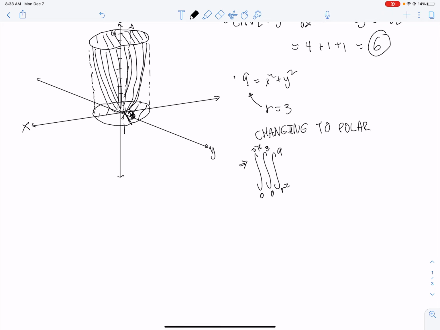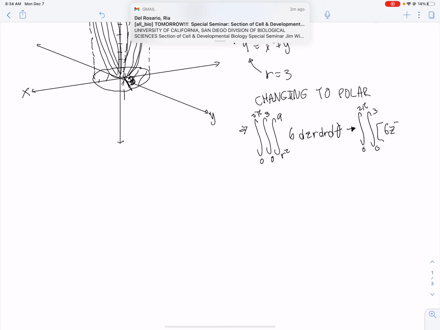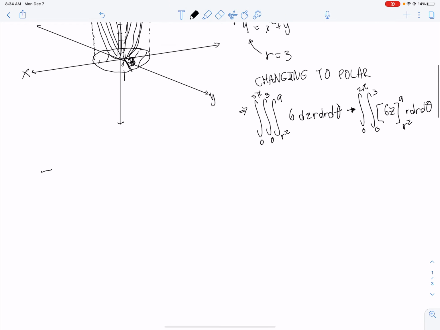And we know our integrand is 6 in this case, so we have 6 dz r dr d theta. Solving for z, we have 6z now from r squared to 9, r dr d theta.